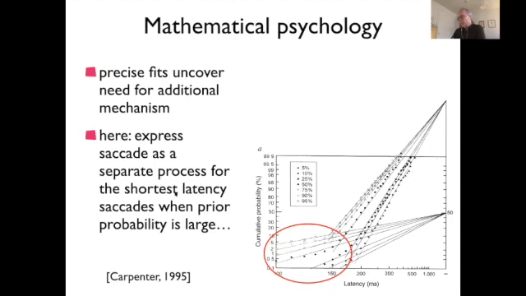So you could say the precise model helps uncover the limits of the account. Here it essentially says there are two regimes with different parameters, and you discover that by the lack of a fit. It's not historically true, because express saccades were known before this model was proposed, but it's a precise way of documenting the need for an additional mechanism for saccadic initiation.